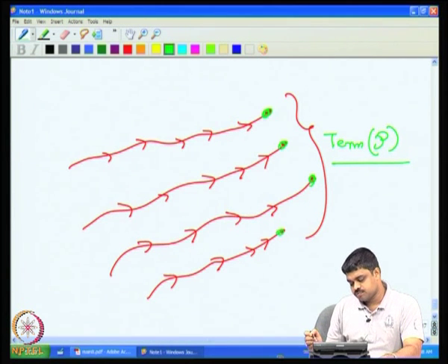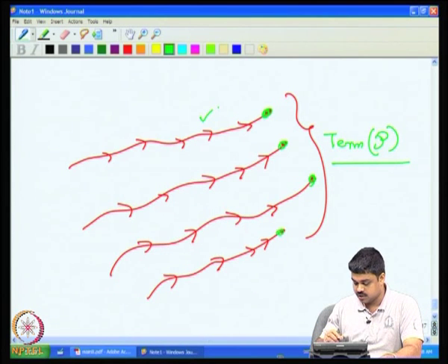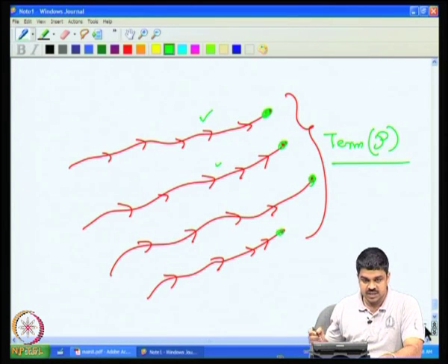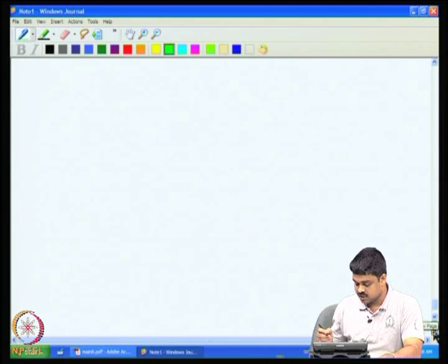Now, you see the cardinality of the terminal vertex set will be equal to the cardinality of the path cover, because each path has one terminal vertex, and that is it. Therefore, the path cover cardinality is essentially the cardinality of the terminal vertex set.